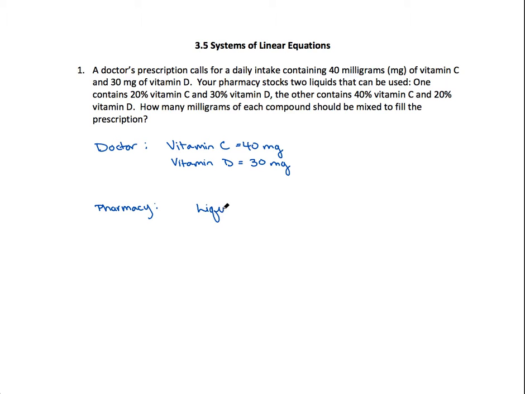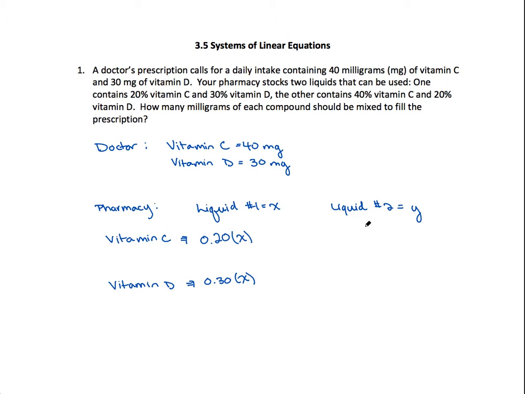I'll call liquid solution 1 X, and liquid solution 2 Y. In the first solution, we have 20% vitamin C. We don't know how many milligrams of this liquid we're going to use, but we know that 20% of it is vitamin C. And 30% of liquid 1, however much of it we use, is vitamin D, converting the percentage to a decimal.